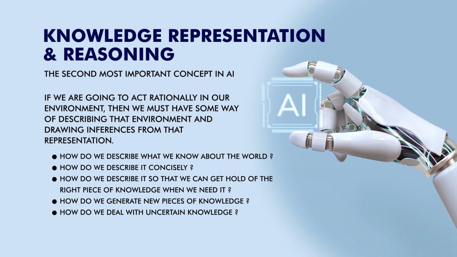How do we describe what we know about the world? How do we describe it concisely? How do we describe it so that we can get hold of the right piece of knowledge when we need it? How do we generate new pieces of knowledge? How do we deal with uncertain knowledge?